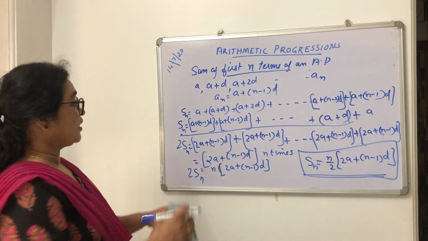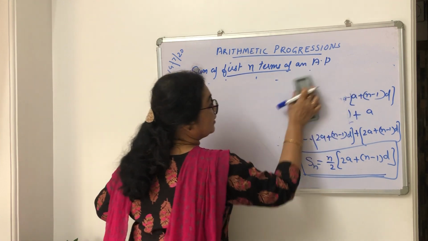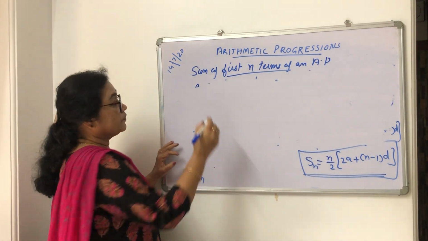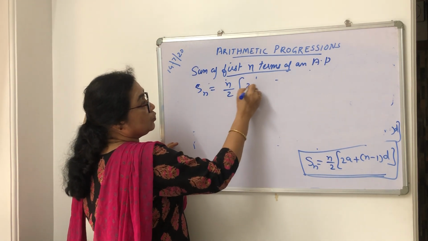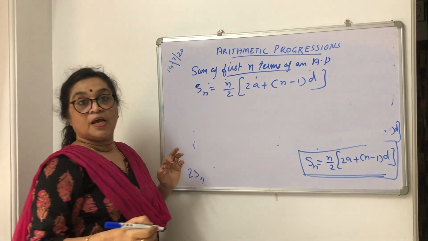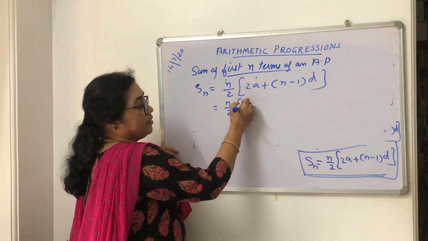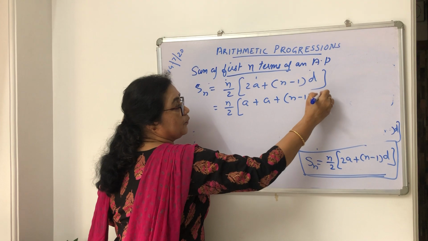The same can be written in another way. Sn is n by 2 into (2a plus n minus 1 into d). I am going to write n by 2, and 2a I am splitting as a and a plus n minus 1 into d.